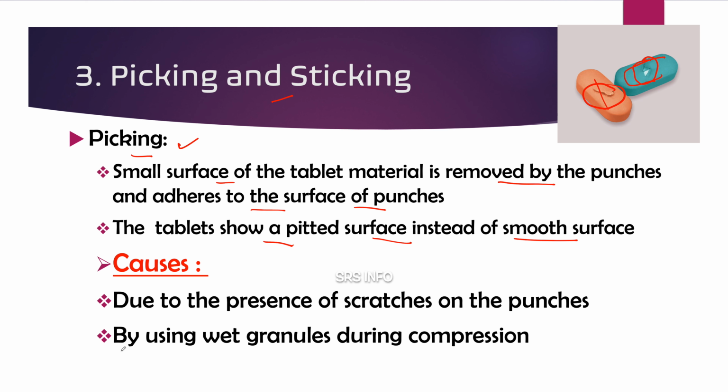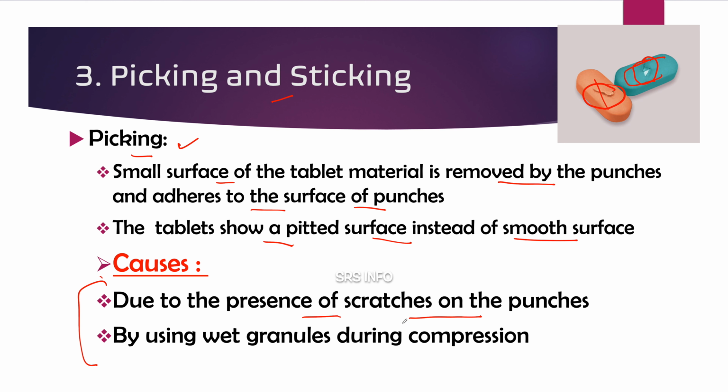Why does this defect happen? Basically, there are two main reasons. The first and most important reason is the presence of scratches on the punches. Worn and outdated punches may have scratches on them, and while using these worn out punches, the scratches may cause picking.